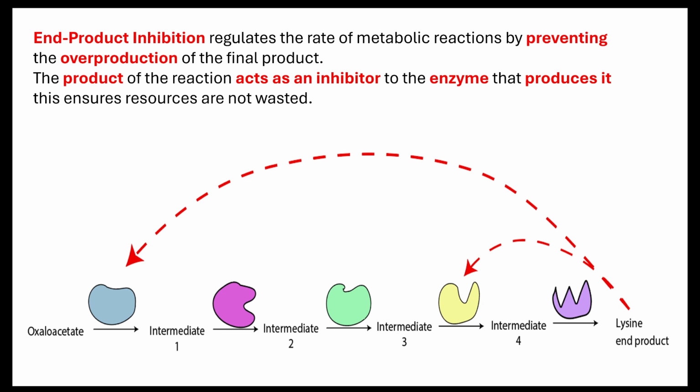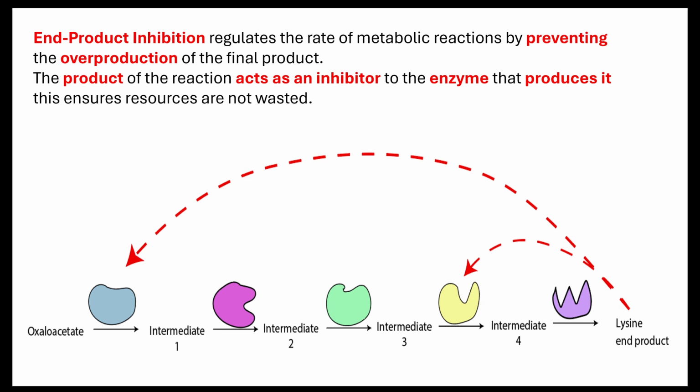So with any enzyme, you always have the substrate and the product. So if we look at the first enzyme, my substrate is oxaloacetate, my product is intermediate 1. If we look at enzyme 2, my intermediate 1 is my substrate, my product is intermediate 2, and so forth.